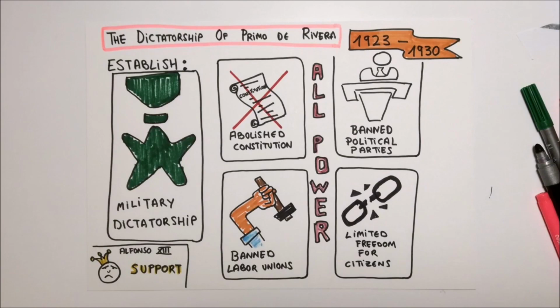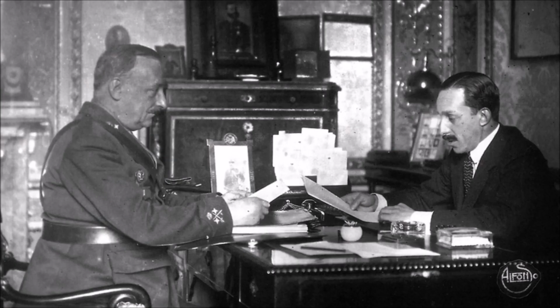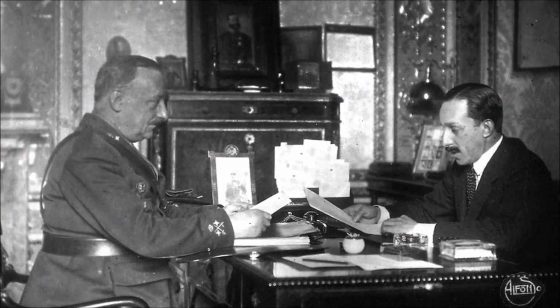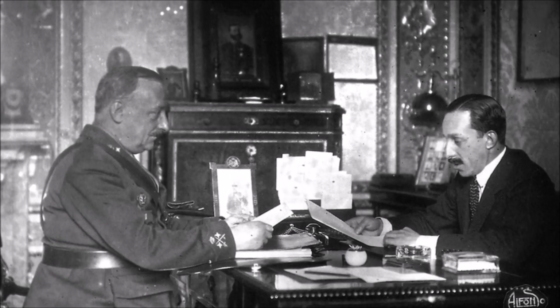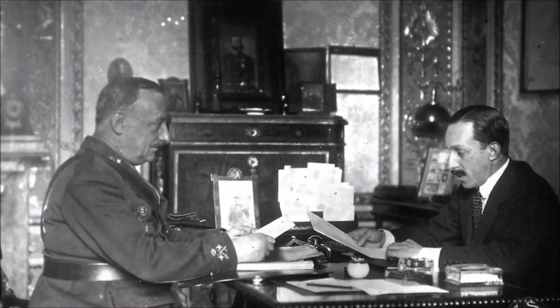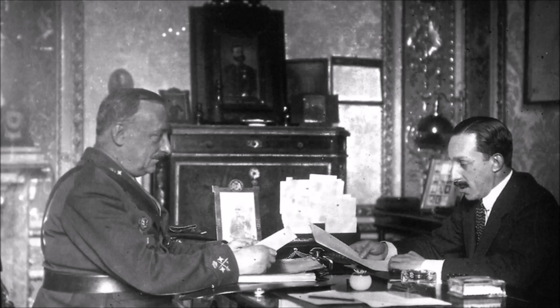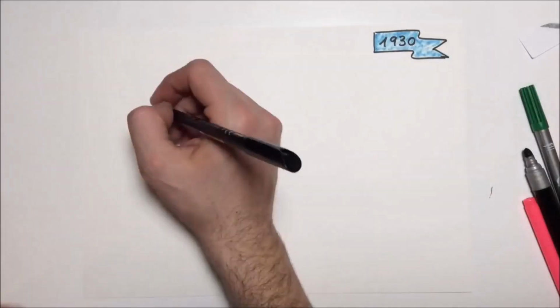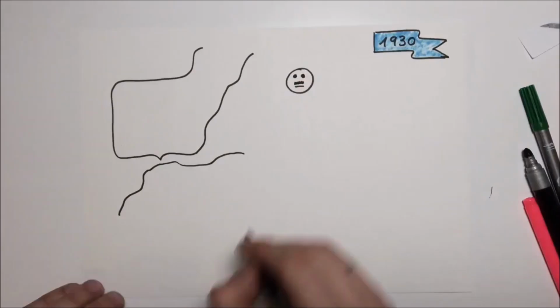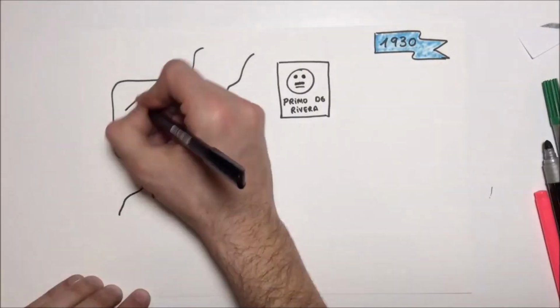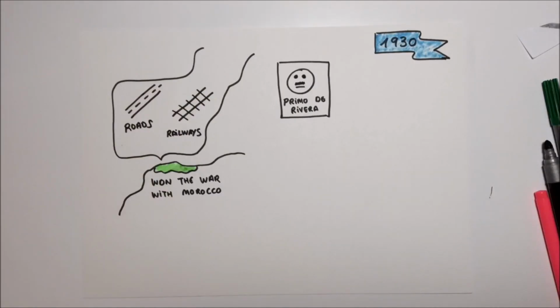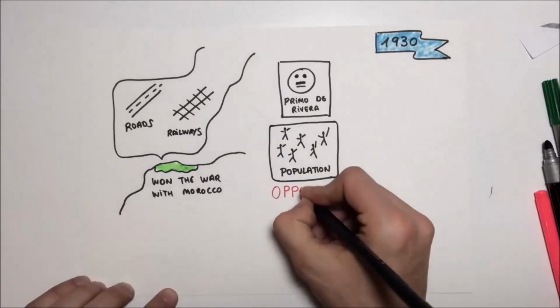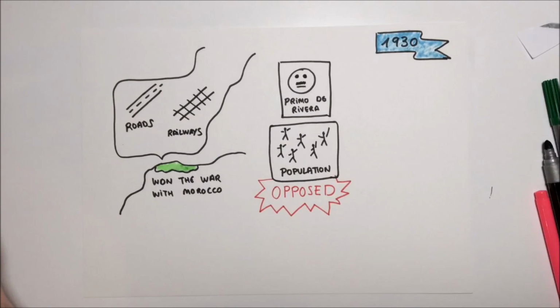Alfonso XIII will support Primo de Rivera, as you can see in this picture. Primo de Rivera will win the war with Morocco, and many roads, railways, and other public works were built under his rule. But the population opposed his dictatorship and demanded more freedom.